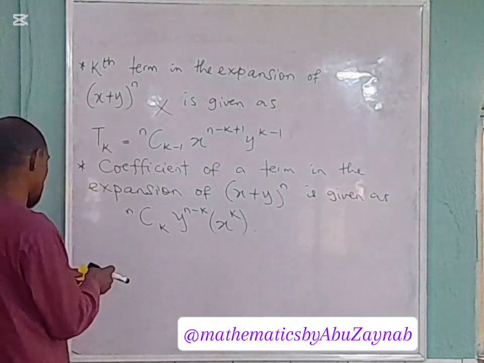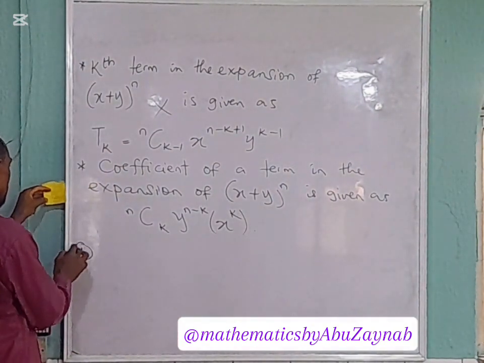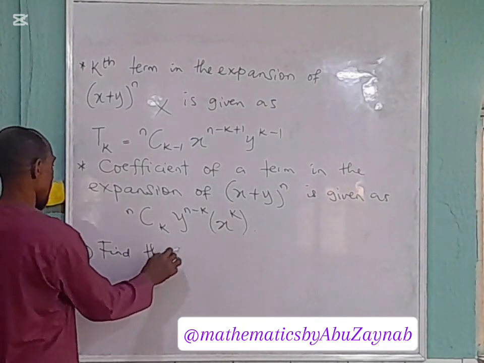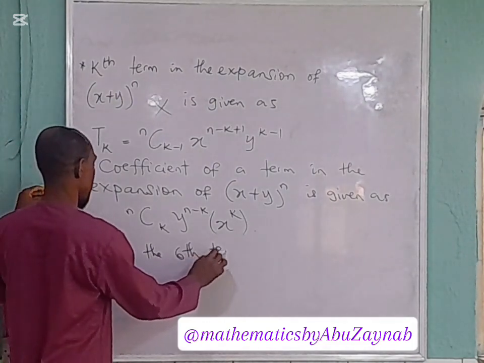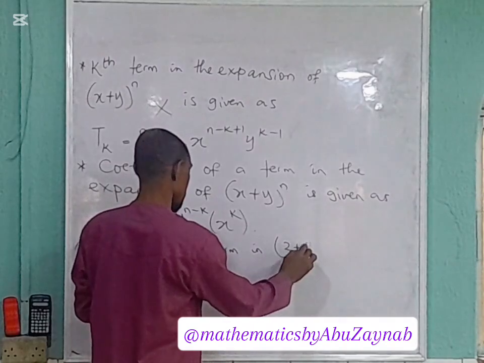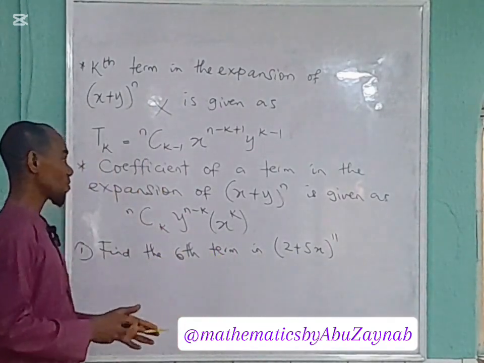Let's take our very first question here, in which we are required to find the sixth term in the expansion of (2 + 5x) to the power of 11. Look at this now, this is power 11.